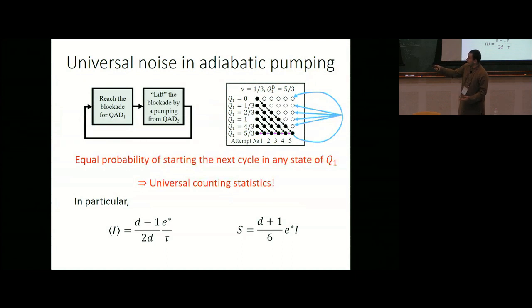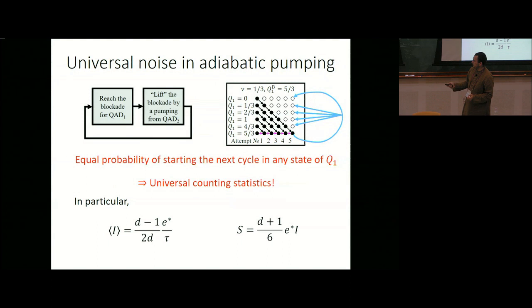And therefore, I have probability 1/6 to pump 5 quasi-particles, 1/6 to pump 4, 1/6 to pump 3, and so on down to 1/6 to pump 0 quasi-particles. I have some non-trivial probabilities, I have some noise, and this noise does not depend on how exactly I couple the QAD2.